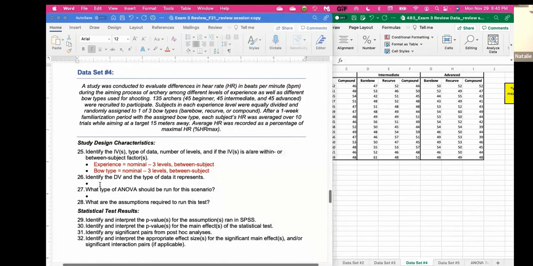Okay. Oh, I already gave it away, but the dependent variable was heart rate, which would be considered ratio data. And based on this information, most of you have probably deduced that this would be a two-way independent ANOVA.